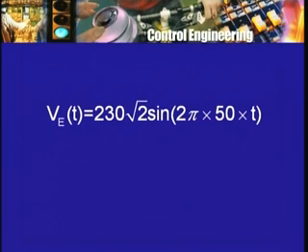So in order for it to look like A sin omega t, where A is the amplitude and omega could be called the angular frequency of the sinusoidal waveform, A is RMS value into root 2 and omega is 2 pi into the frequency in hertz.